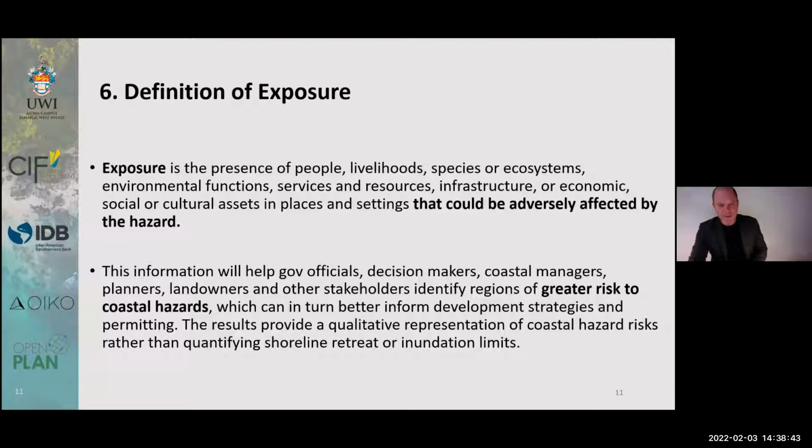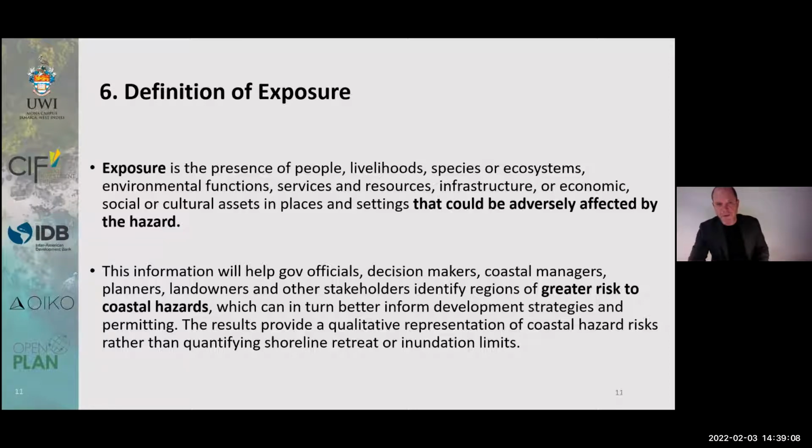Then exposure is the other dimension of risk, which is very much related to people, livelihood, species, ecosystems, environmental functions. As I described the services, sometimes I've forgotten. Ecosystems provide relevant services for society.